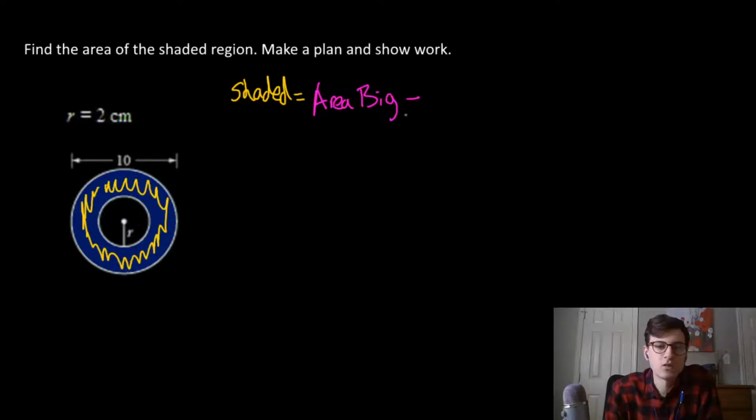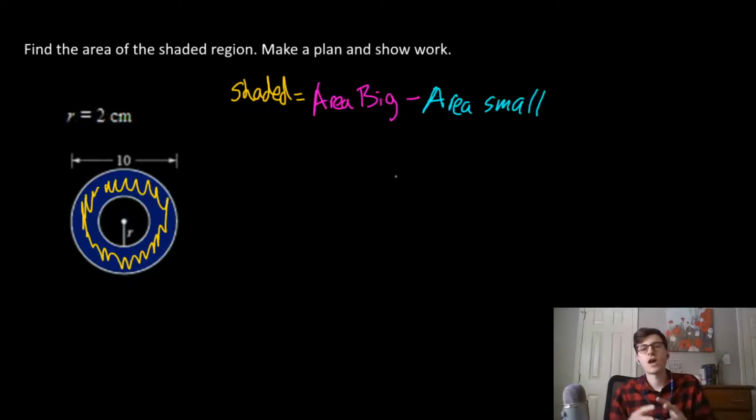And we need to subtract from the area of the big circle the area of the small circle. If I can subtract the area of the small circle from the area of the big circle, then we'll get that shaded area.